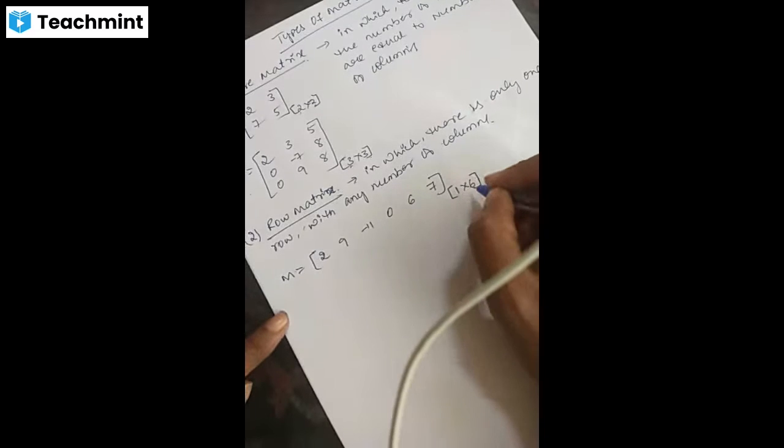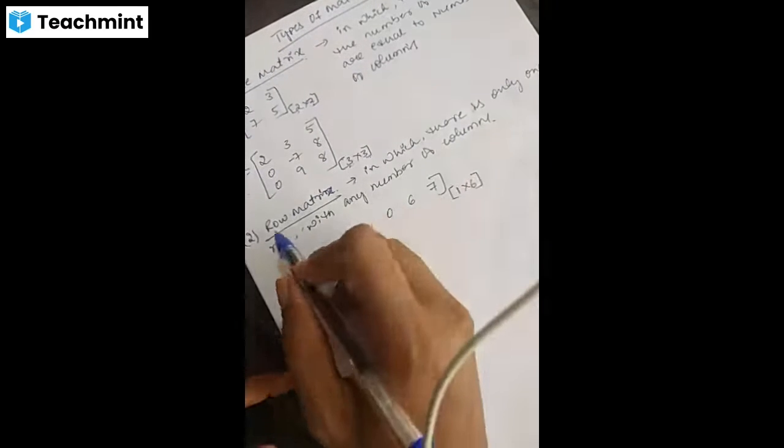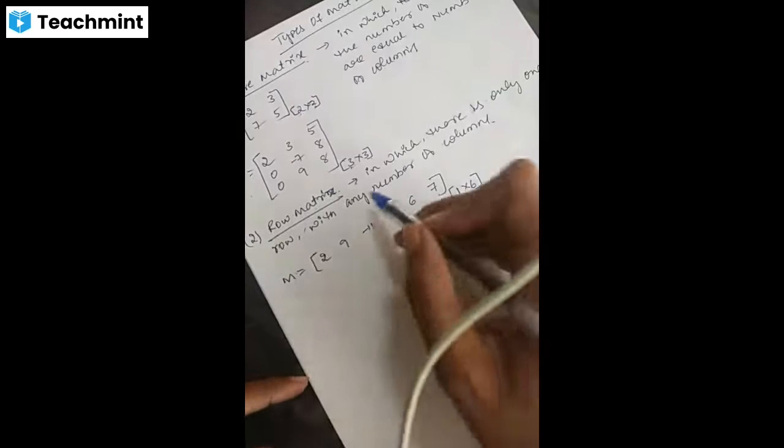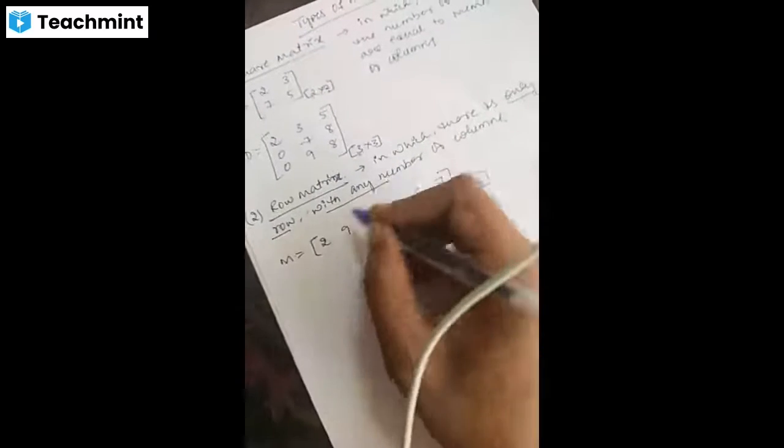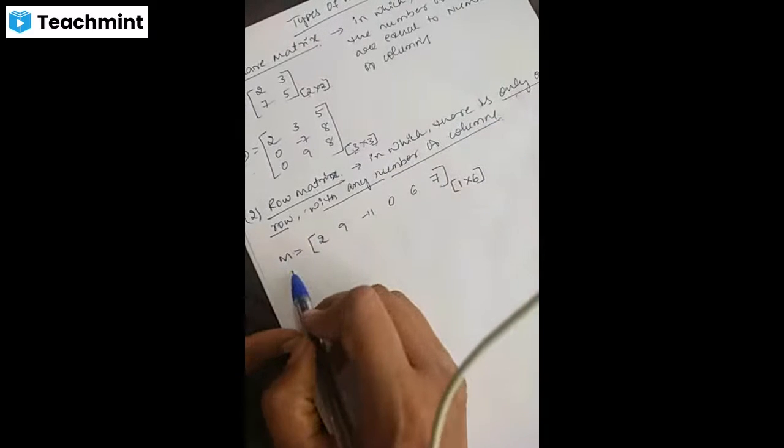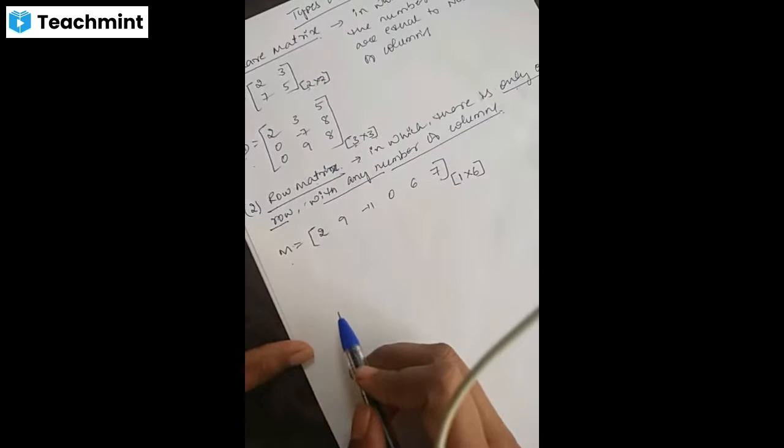And 6 columns are here. If a matrix has only one row with any number of columns, that is said to be what? Row matrix. Right? So row matrix can be defined as a matrix in which there is only one row with any number of columns. This is an example for the row matrix.